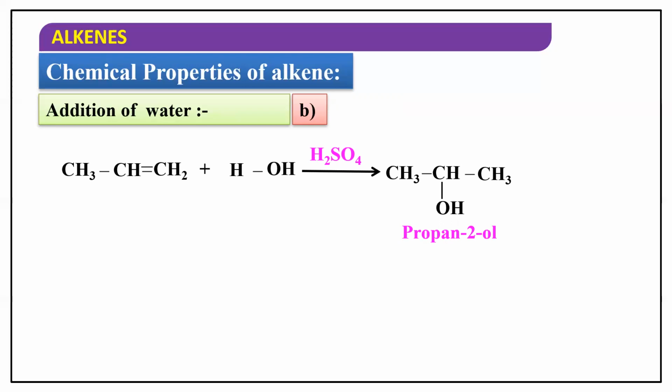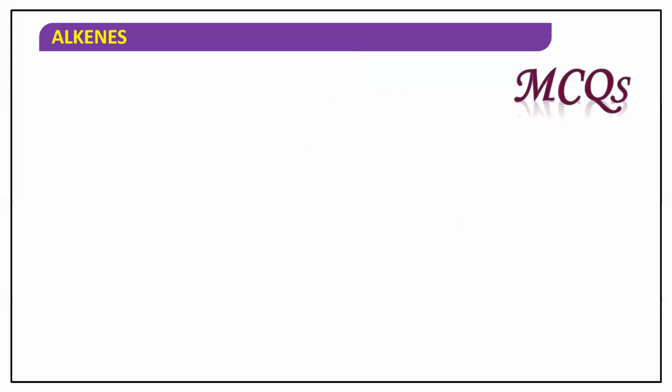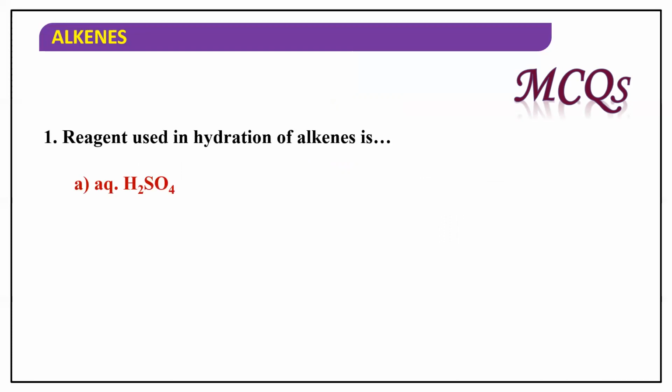So this is basically the overall reaction when an alkene is made to react with water in the presence of sulfuric acid. Let's try to solve a few MCQs here. Reagent used in hydration of alkenes: is it sulfuric acid, Hg2 plus in H2SO4, aqueous KOH, or none of these? Now, as the name itself indicates, it is a hydration.